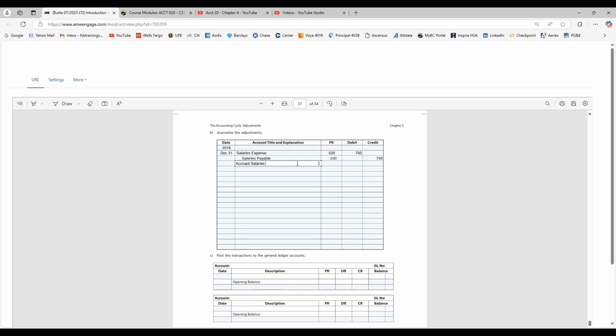Accrued salaries expense. And then we've got the next one of unearned revenue. I'll do that next. You don't have to do them in any specific order necessarily. So that was the 620. Carry that over. Service revenue is account number 400.